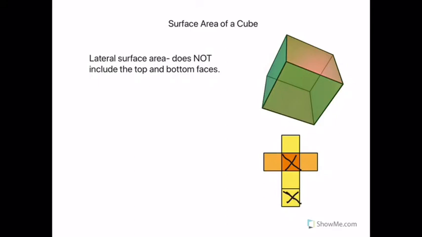So if we take those away, you can probably guess what the new formula will be for lateral surface area. It's simply LA, lateral area, equals 4e squared. So instead of 6 times e squared, this time it is 4 times e squared, and that's because we took away 2 of the faces or 2 of the sides for the lateral surface area.